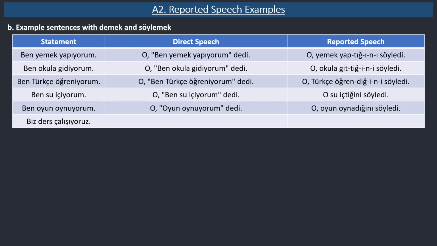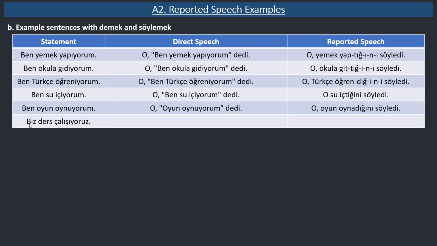I can see typos. I will call them typos because they are not big mistakes, but there are errors in these suffixes. So it's correct if the statement is like we are studying.